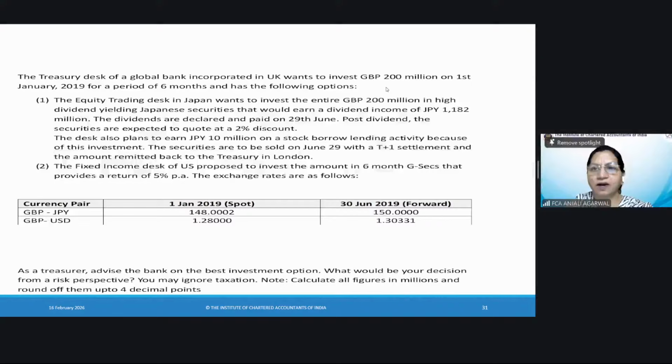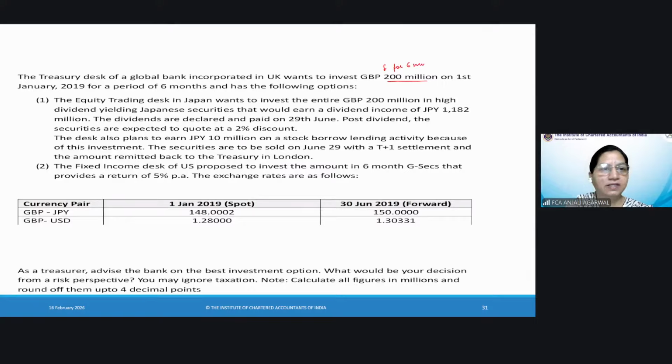The amount that you have for investment is 200 million pounds, which is available on 1st January, for a period of 6 months. So what you have is 200 million pounds to be invested for 6 months.